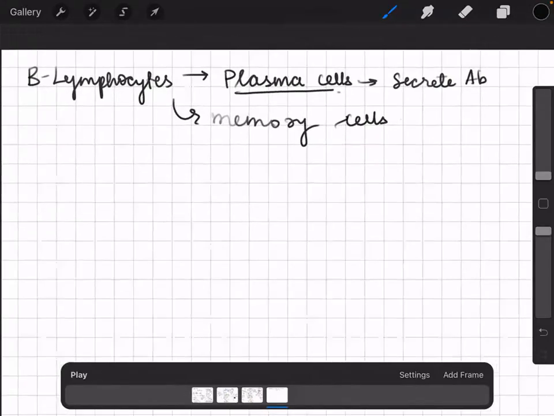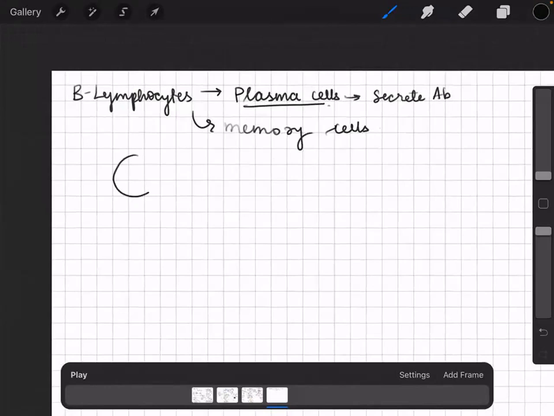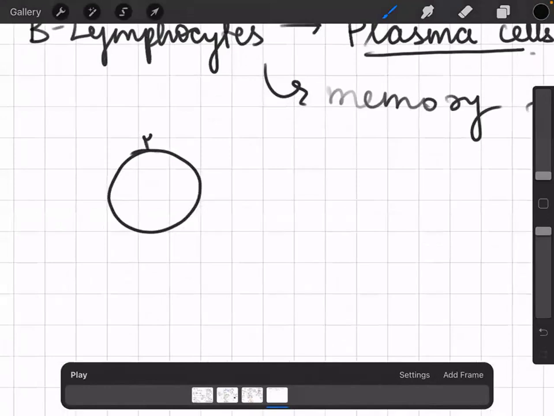So now let's say that you have this particular B lymphocyte here. A very important thing to remember about your B lymphocyte is that it already has certain receptors on its body like this.